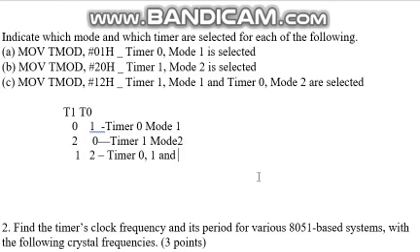So for timer 0 the mode selected will be 2 and for timer 1 the mode selected will be 1. So in this way we can solve the problem.